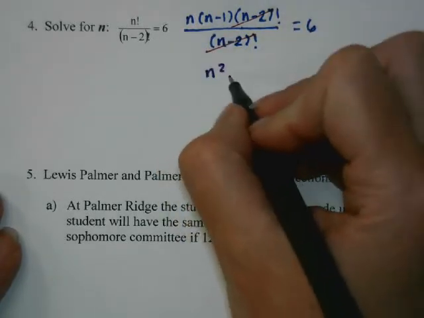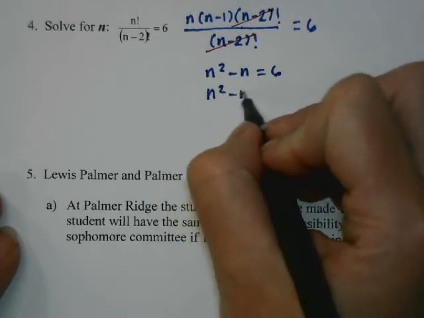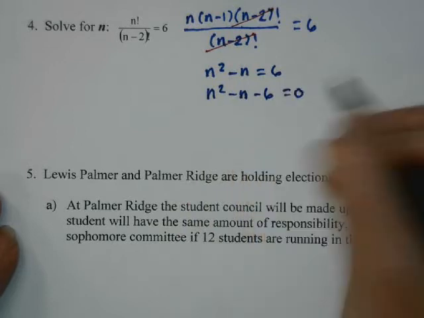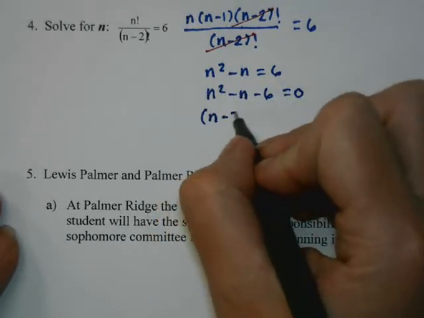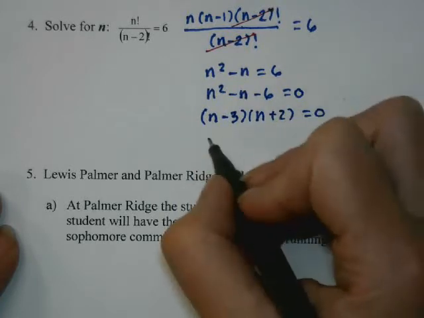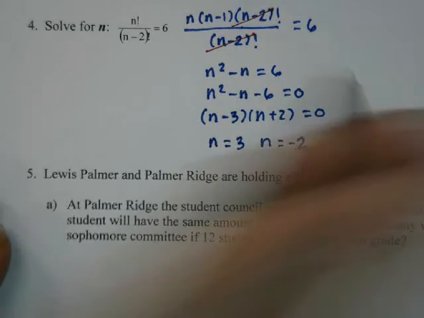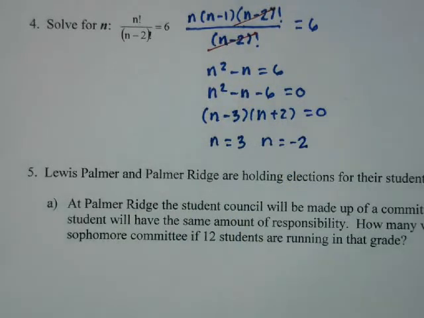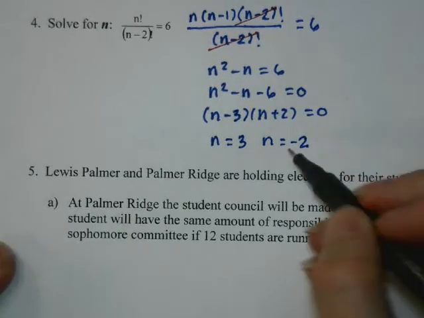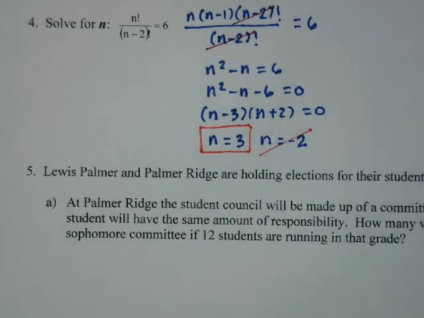So we've got n squared minus n equals 6. So n squared minus n minus 6 equals 0. n minus 3, n plus 2 equals 0. So algebraically, n equals 3 or n equals negative 2. However, we can't have a negative factorial, so that one is not a real solution, but n equals 3 is.